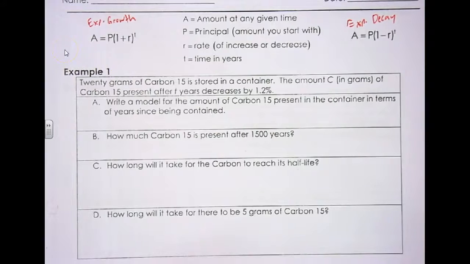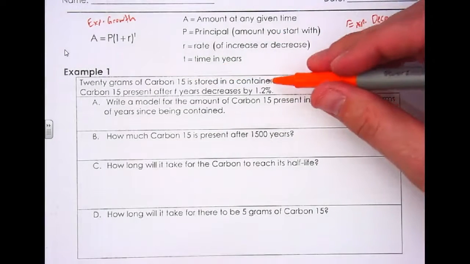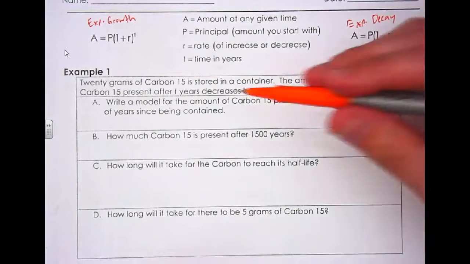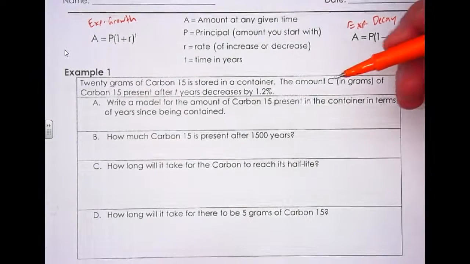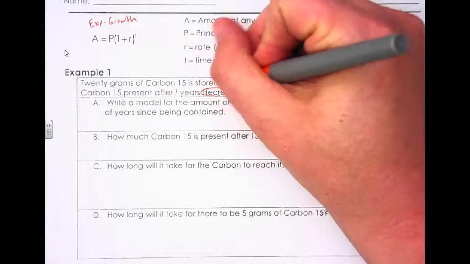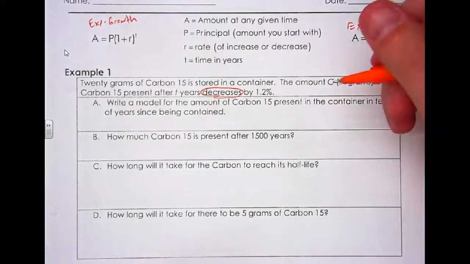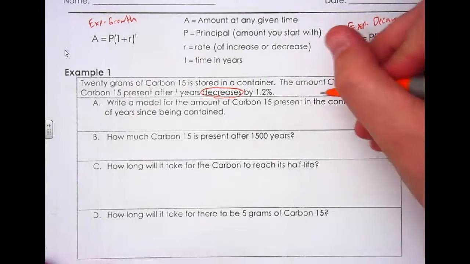So let's pretend that 20 grams of carbon-15 is in a container, and in this special container, the amount decreases by 1.2%. Is this a growth situation, or is this a decay situation? Well, when it's decreasing, that is a decay situation. We're decaying by 1.2%.